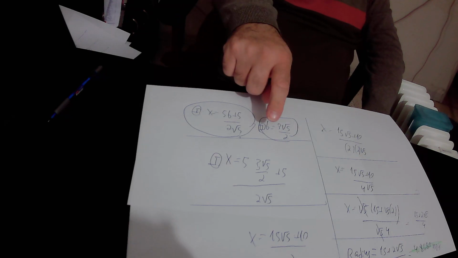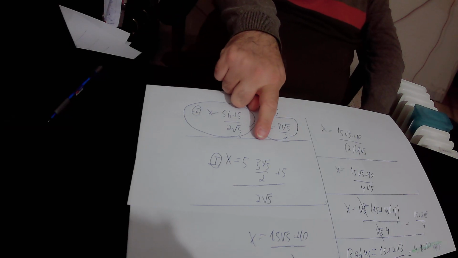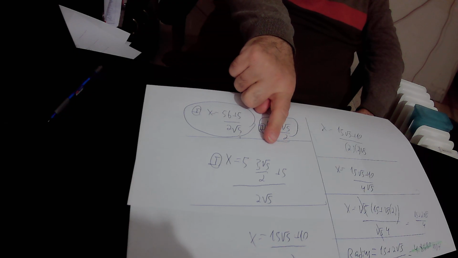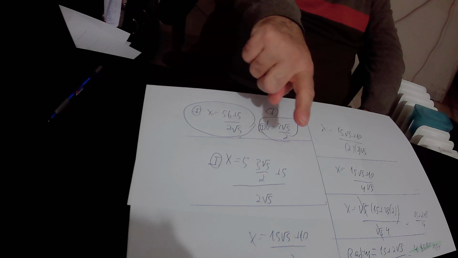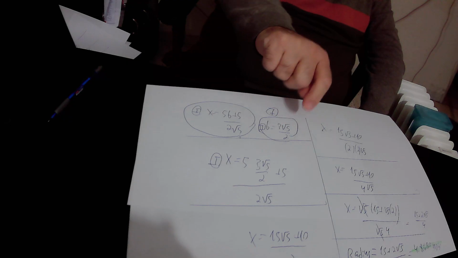Here 5 times 3 is 15, so in total in the numerator we have 15 times square root of 5. And then we multiplied 5 by 2, and then we divided by 2 in order to overcome the fraction in this expression. So it is actually (15 times square root of 5 plus 10) over 2.